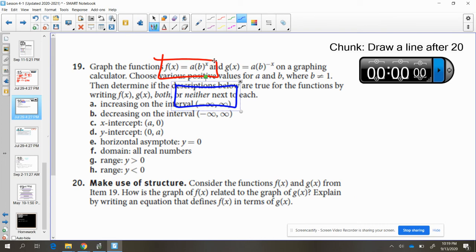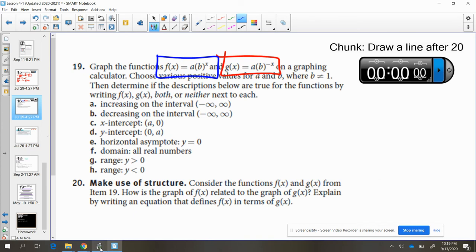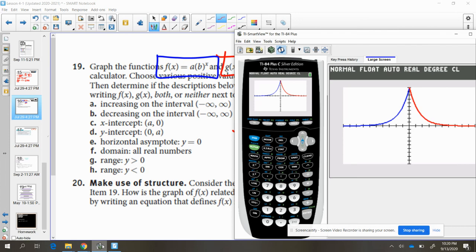Since these graphs are different colors down here, I'm going to switch that. And according to this, the one that's increasing is f of x. The one that was decreasing as we went from left to right, from negative infinity to positive infinity, was g of x. Okay. Which of these has their x-intercept at a comma 0?